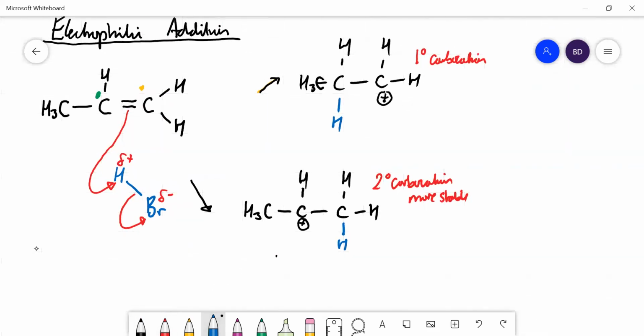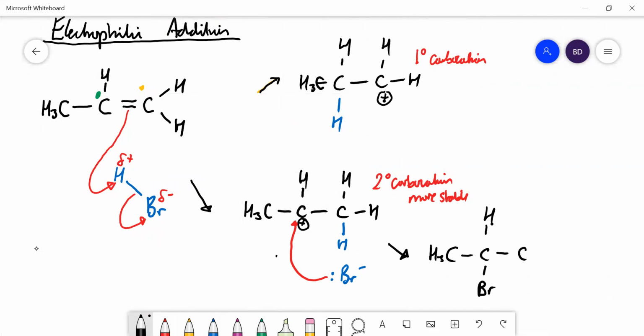And so that is then going to react with the bromide ion, Br minus, which has come from the hydrogen bromide, and one of the lone pairs goes onto the carbon to form a bond. So you're going to end up with 2-bromopropane, and this happens more. So this would be called the major product.